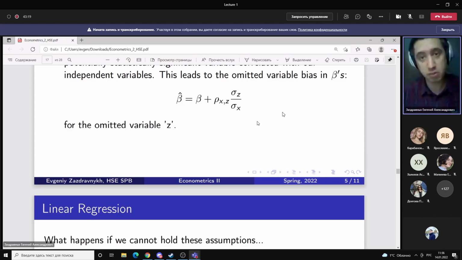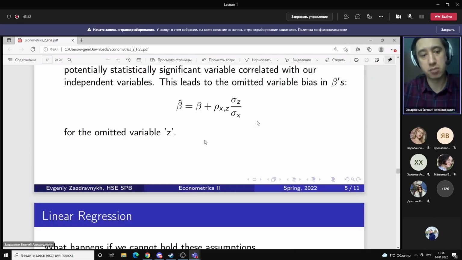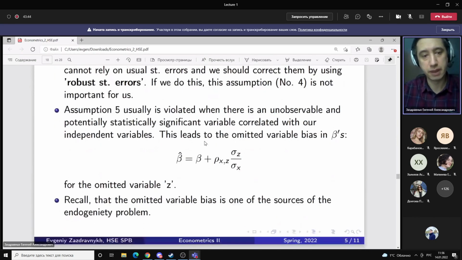Or in principle, can we solve such a problem? I would say that it is pretty difficult to solve this problem, but sometimes it could be partly solved.